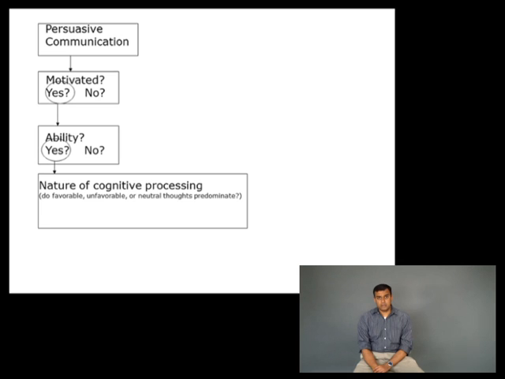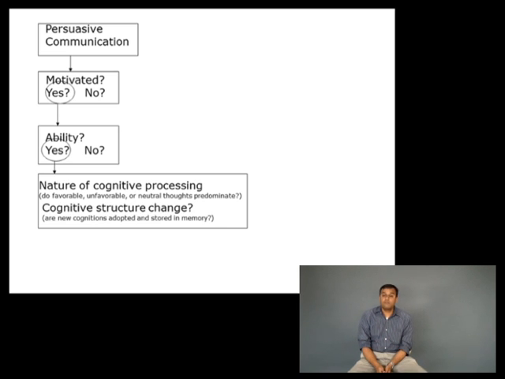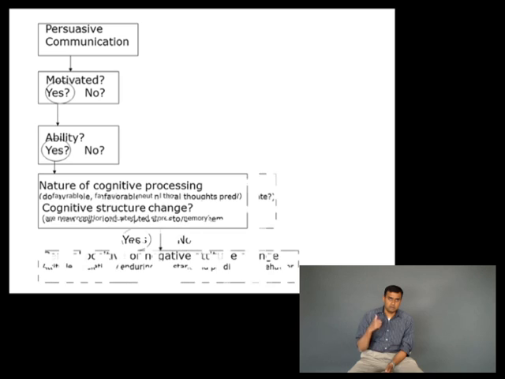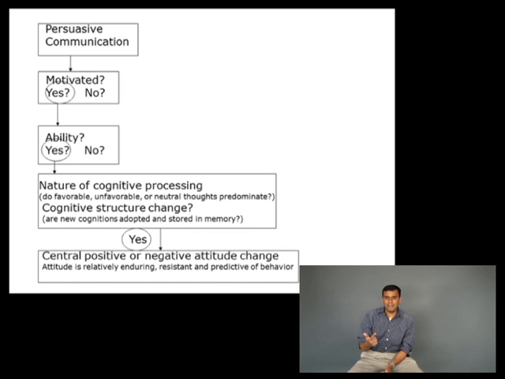And if they have neutral attitude or thoughts that predominate, then you could embed a few positive thoughts there. Okay? And so you're looking at a cognitive structure change where people's schema in the mind, the memory becomes a little bit different from when it started. Okay? And so that would be an idea where you're talking about a central processing. Two conditions to be met. The consumer needs to be motivated and have the ability.